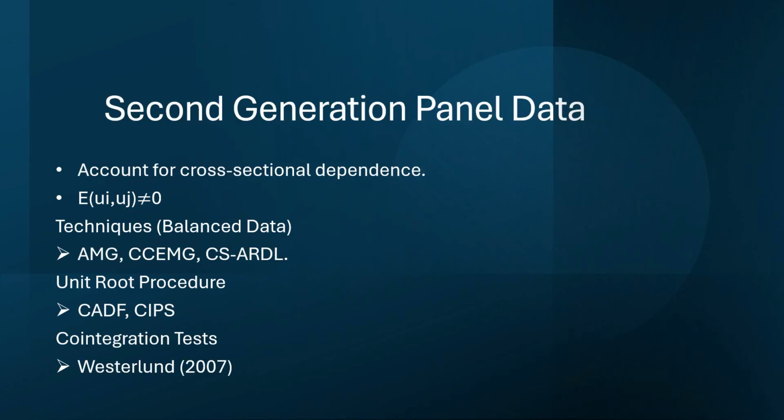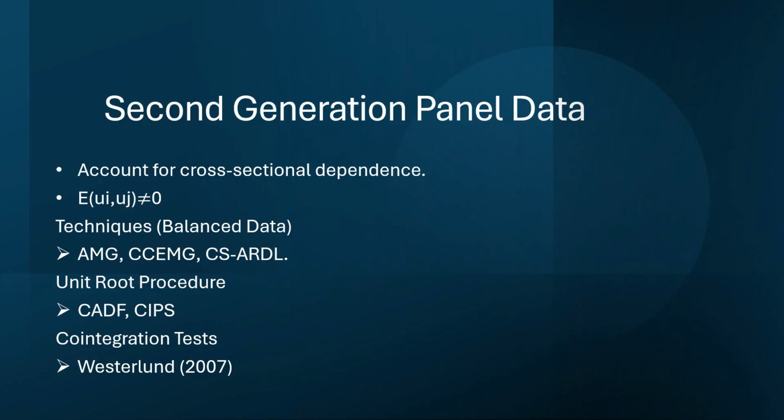Then for second generation, when the expected value of the error term in country i and country j is not equal to zero, we can no longer use first generation procedures. The most common techniques in panel data analysis become the augmented mean group, the common correlated effect mean group, and the CS-ARDL model.